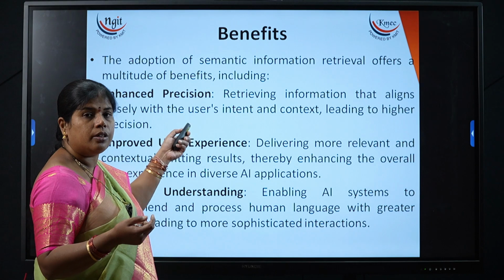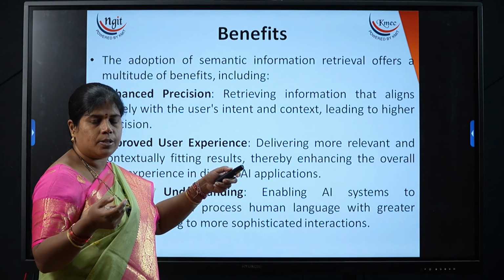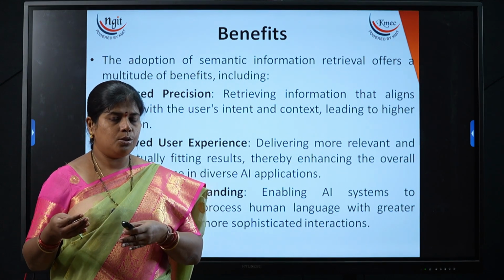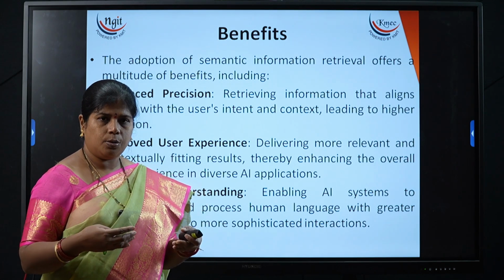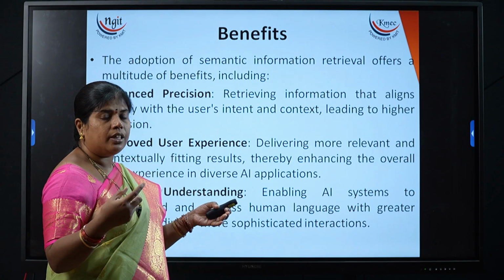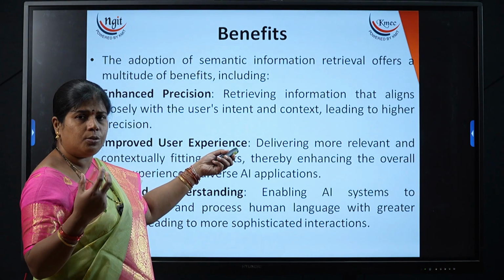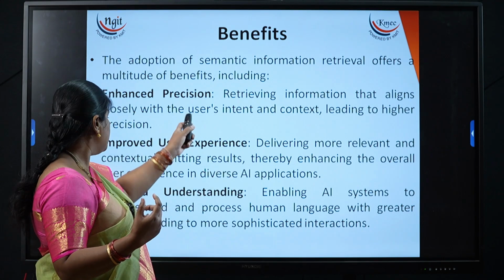As I told you, the precision will be enhanced. It will have an improved user experience. If you are giving more related results to the user, frequently he will use your information retrieval system only. As we use Google, and nowadays we are using ChatGPT more frequently. Why? Because I am having a good user experience. I am getting more related results. I am getting results with enhanced precision.